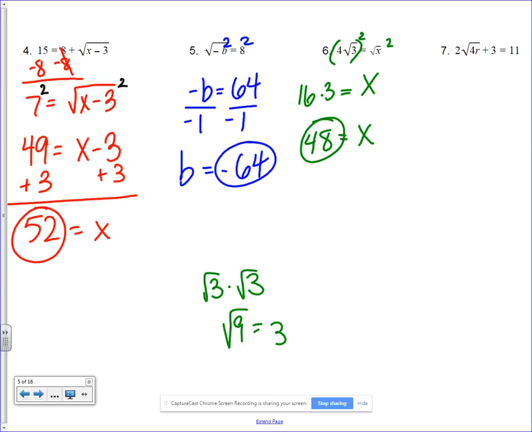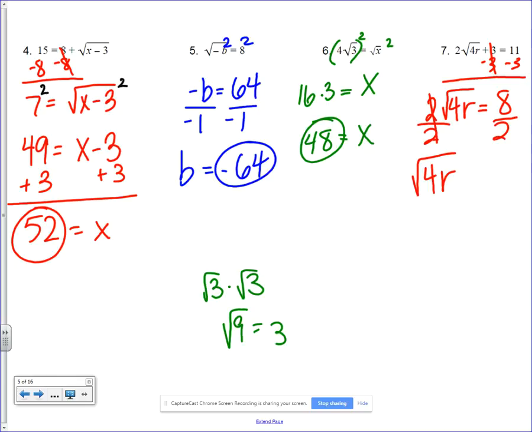Okay, what do you think about number 7? Do I need to get rid of the 3 first or the 2? The 3 is correct. So 2 the square root of 4r equals 8. What do you think next? Divide by 2?